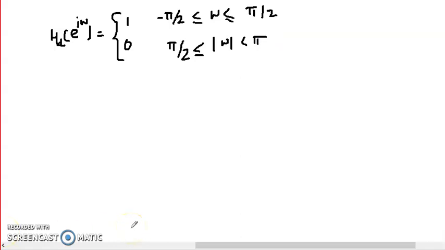This is an ideal low pass filter, because when omega is less than the pass frequency omega p, which is pi by 2, it passes the frequency, and if it is greater than that, it suppresses it, giving 0.